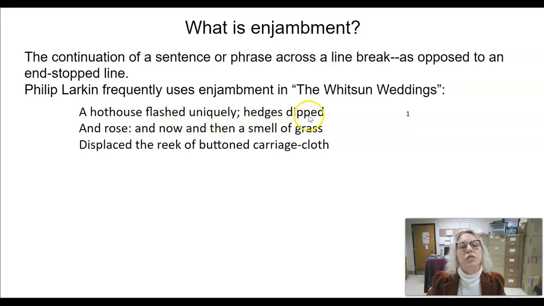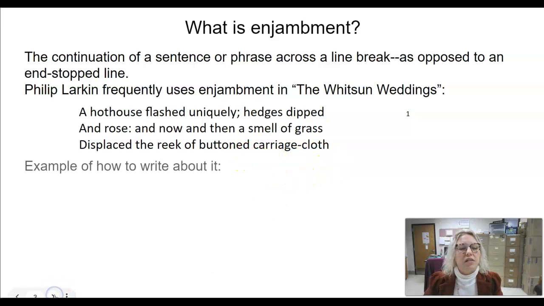Hedges dipped. That's not the end of the phrase. Hedges dipped and rose. And now and then a smell of grass. That's not the end of the phrase. A smell of grass displaced the reek of buttoned carriage cloth. All right, so that's enjambment. It spills over into the next line.